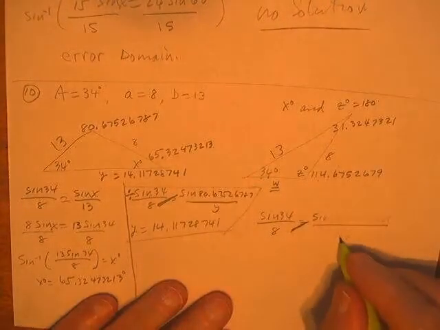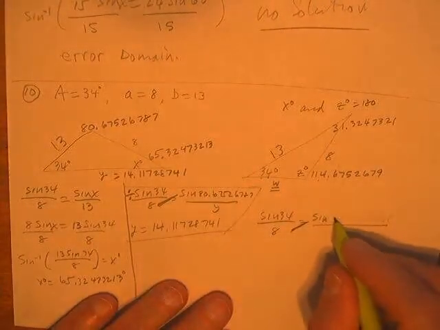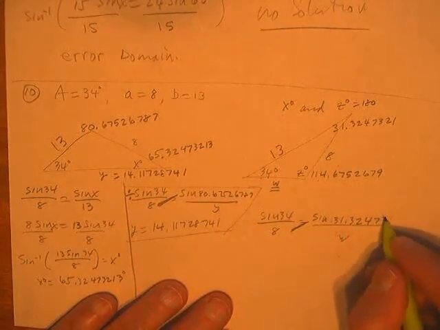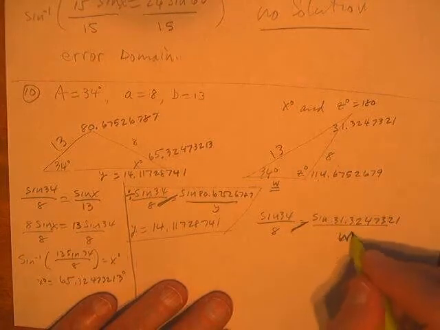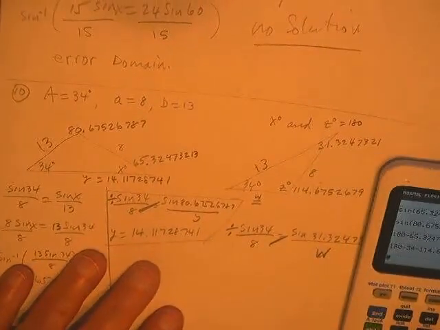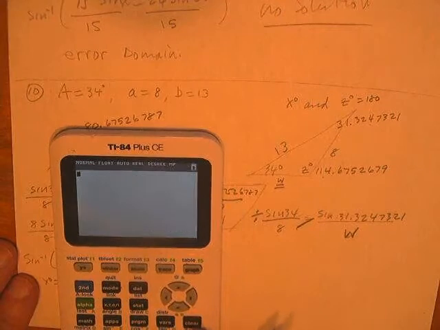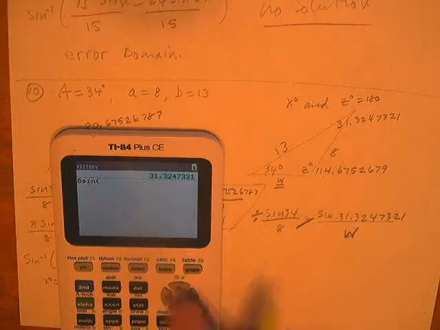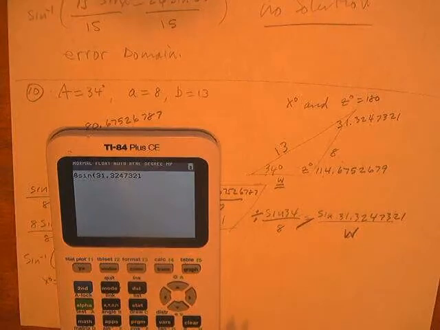I want the one across from W. I want this other angle up here at the top, 31.3247321. Multiply those two, divide by that one. Silly me, I wasn't even going to have a variable in there. How about 8 sine? Oh no, I pressed clear. That's okay. There's the angle I want right there. Divide by sine 34. Watch that pressing clear, you'll cause yourself some grief.